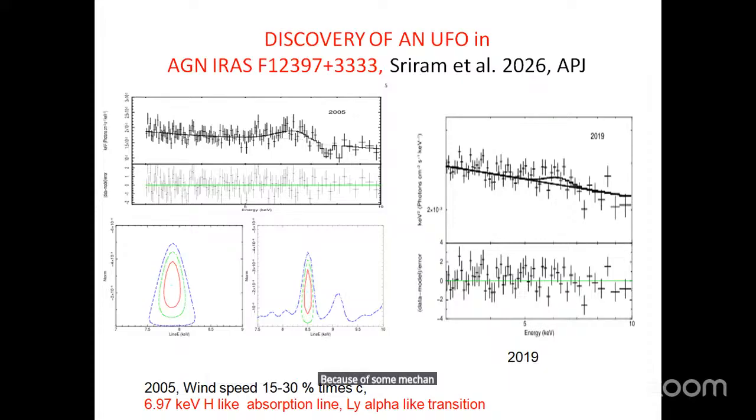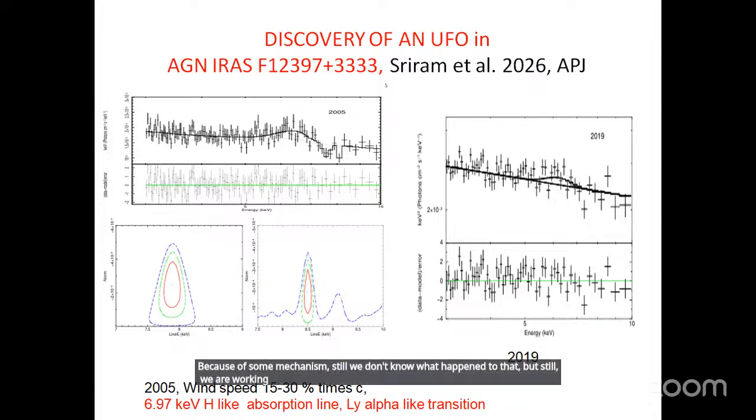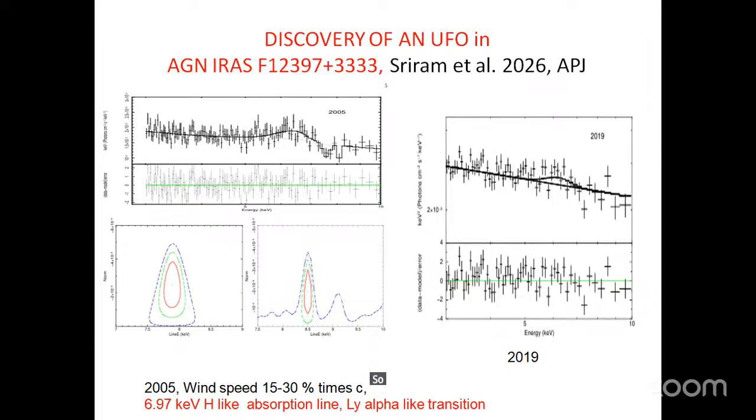We still don't know what happened, but we are working on it. What causes the sudden disappearance? From 2005 to 2019 is only 14 years, which on a cosmic time scale is a very short time. So we are studying why the outflows suddenly disappeared.